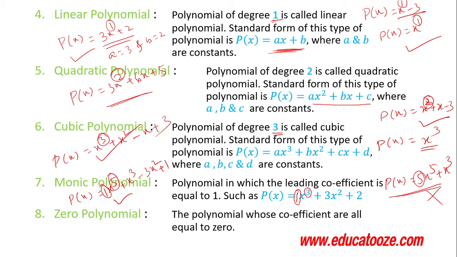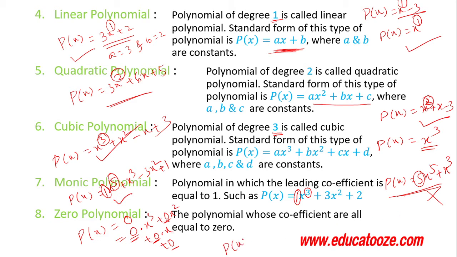For example, p of x equal to 0 can be written as 0 into x cube plus 0 into x square plus 0 into x plus 0. That means each coefficient is 0. That is why this kind of polynomial is known as a zero polynomial.